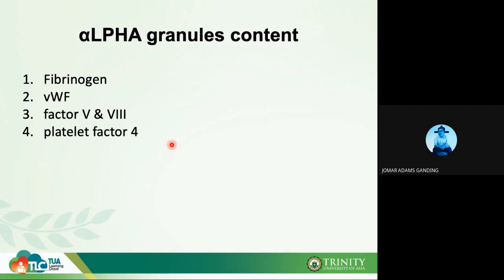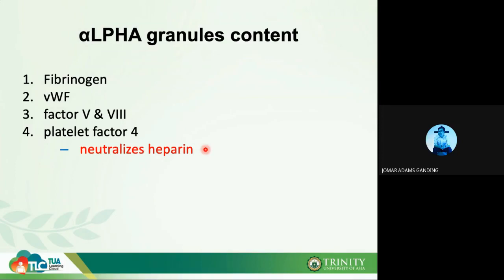In addition to that, your alpha granules also contain your platelet factor 4. What is your platelet factor 4? It actually is a substance that would neutralize your heparin. Okay, it would neutralize your heparin. Why? Bakit heparin, sir? Because your heparin, isn't it, is the natural anticoagulant within your body.